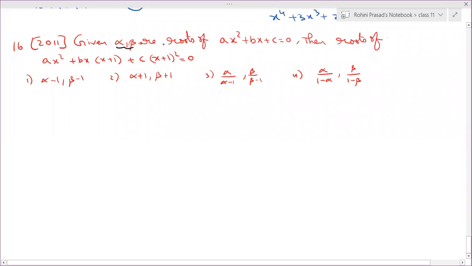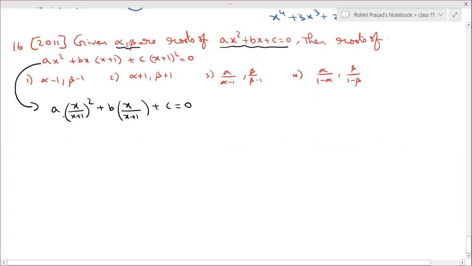They're given alpha, beta are the roots of this equation. So that means if the coefficients are a, b, c, then alpha, beta are the roots of that equation. They're asking us to find the roots of this equation. This also, you can divide the entire equation by x plus 1 the whole square. Then this becomes a into x by x plus 1 the whole square plus b into x by x plus 1 plus c equal to 0, like we did in one of the previous problems.